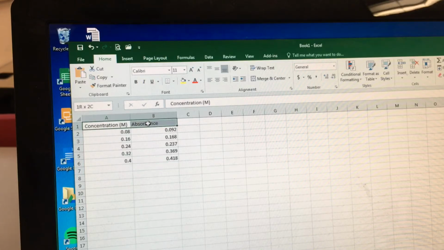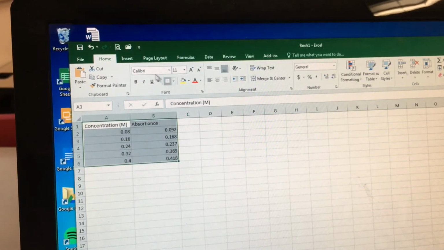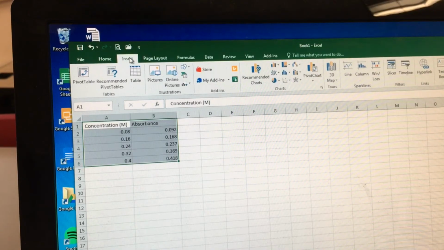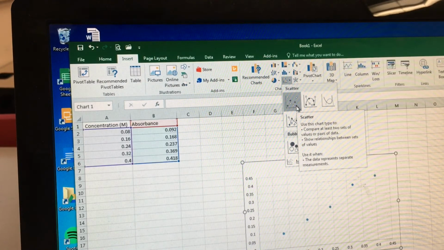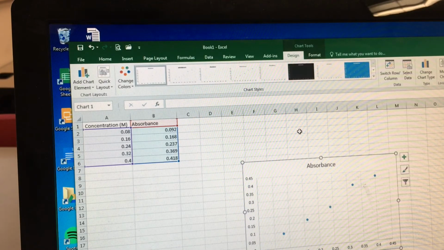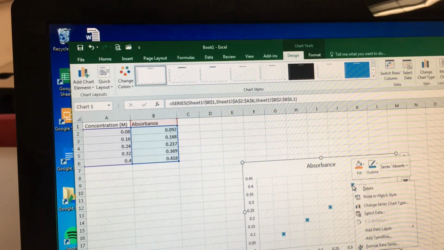To make the graph, we just select both columns, and we are going to insert a scatter plot, and we're going to pick the one with just dots because we're going to actually add the trend line. So we're going to click on that, and so we have our values. And so to get the trend line on this, we're going to right click on one of the dots, and we're going to select the add trend line option.